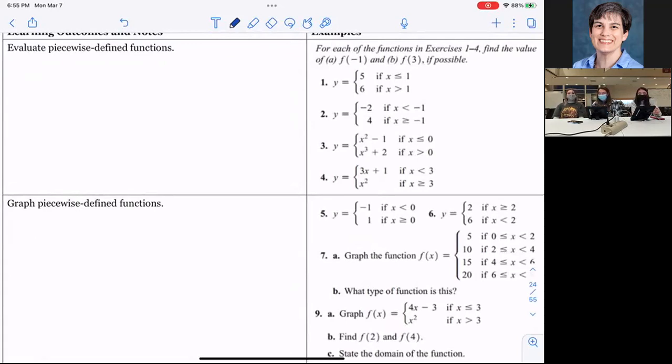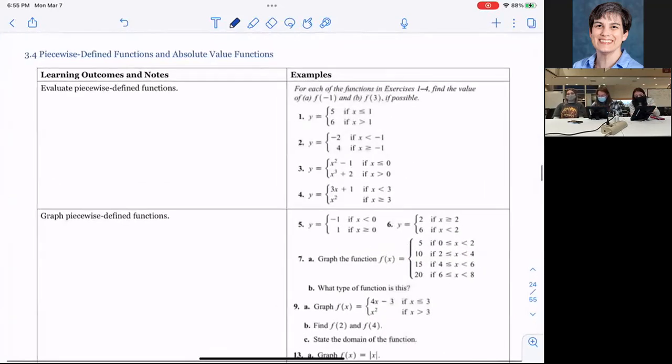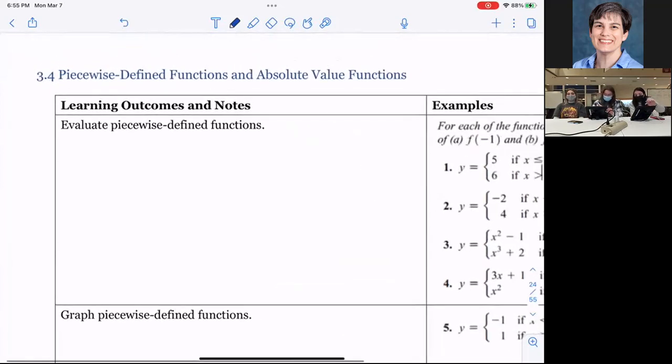Okay, so it's saying find the value of f of -1. Scroll to the top. That's perfect. Find f of -1 and f of 3. That's not how you write that.